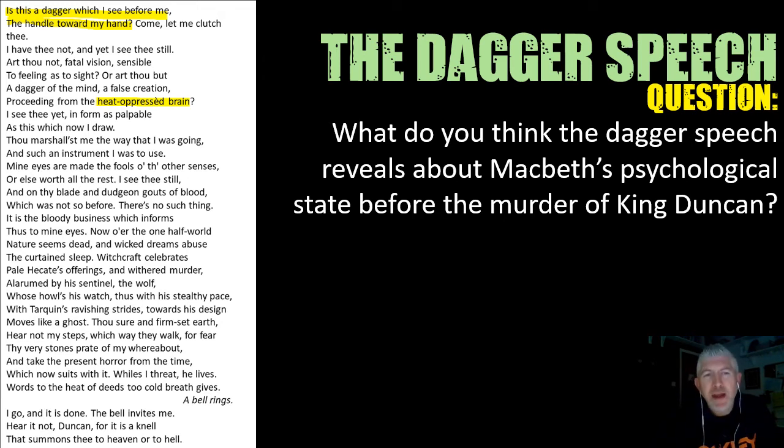Why is his brain heat-oppressed? What does that language convey or suggest about his psychological state? That word oppressed is particularly powerful. He talks about how his eyes are made the fools of the other senses, or else worth all the rest, which means either his eyes are being tricked and the dagger isn't there, or his eyes have special powers and can sense more than the rest of his senses.